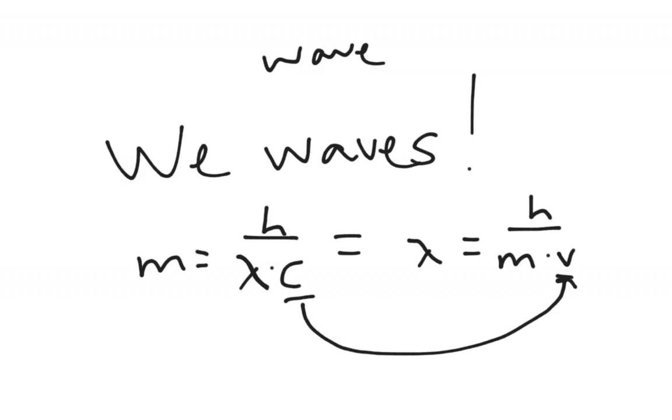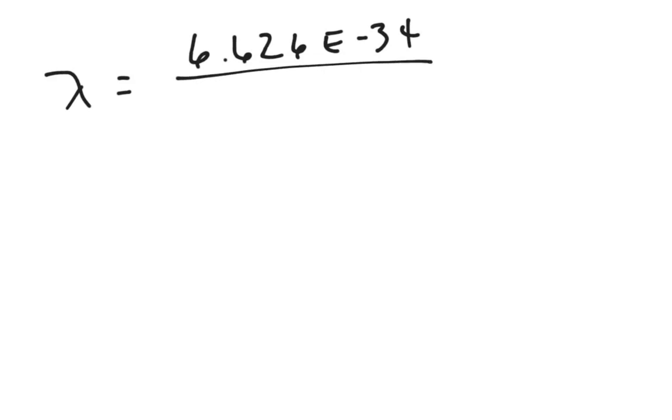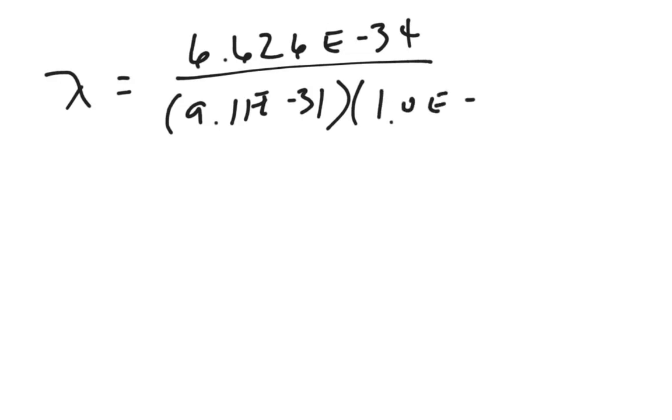So let's do this really quick with an electron and with a softball to see what we get. So the wavelength of an electron is equal to Planck's constant, 6.626 e to the negative 34, divided by the mass of an electron, 9.11 e to the negative 31, so extremely small mass, times the velocity of the electron, which in this case is 1.0 e to the positive 7.